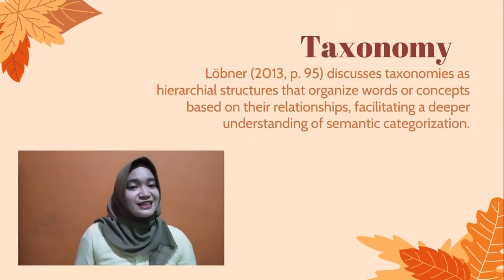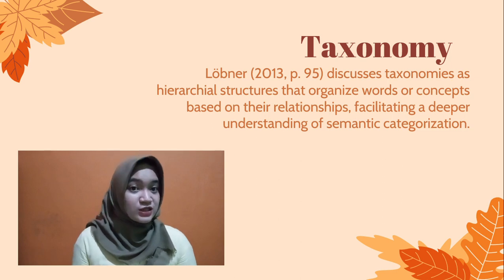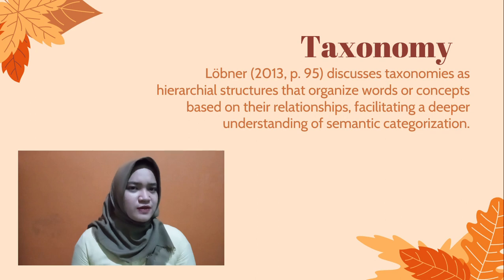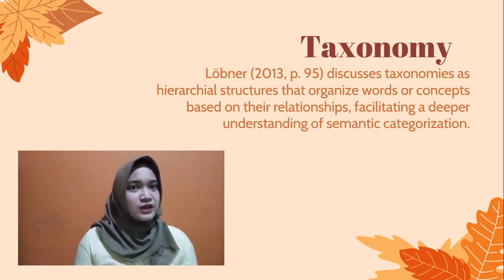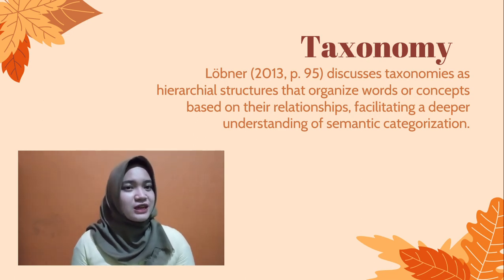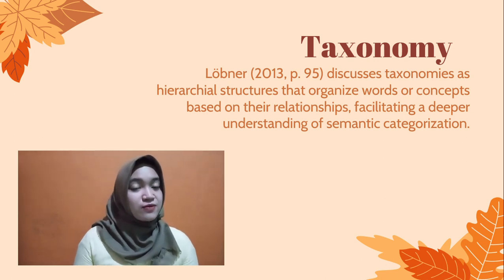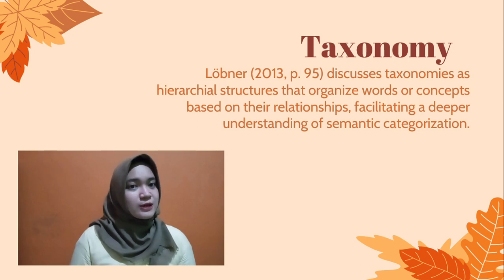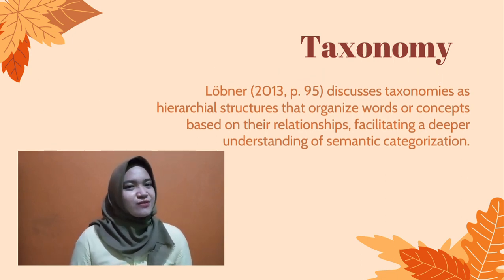Lubner discusses taxonomies as hierarchical structures that organize words or concepts based on their relationships, facilitating a deeper understanding of semantic categorization. Taxonomies are distinct from other hierarchies in that they represent a clear subset within a broader category. For example, in the hierarchy of words, terms like nouns, verbs, and adjectives represent a taxonomy, as they are distinct kinds of words.